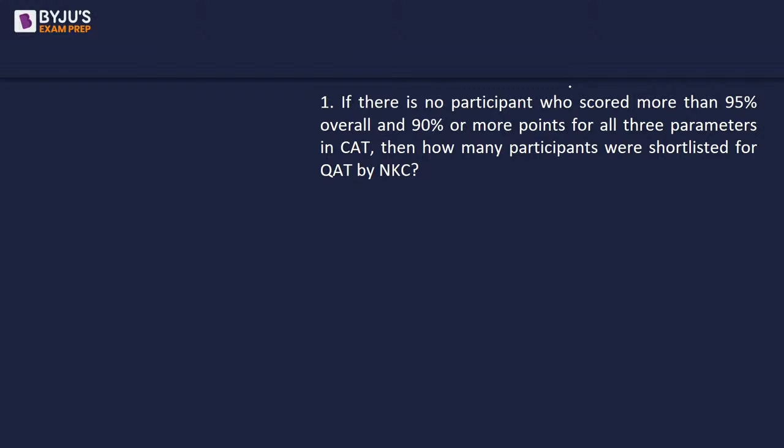If there is no participant who scored more than 95% overall and 90% or more points for all the three parameters in CAT, then how many students were shortlisted for CAT by NKC?